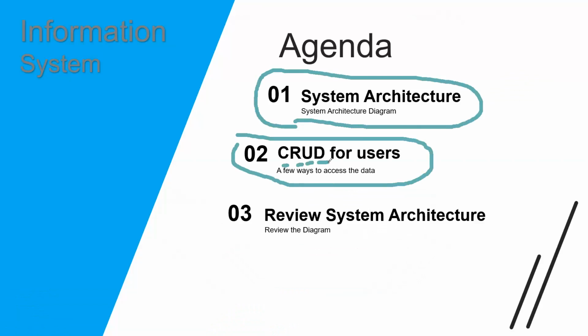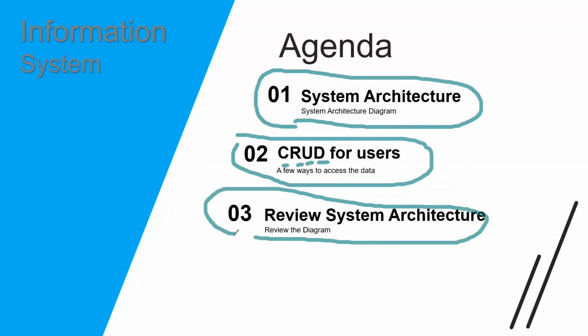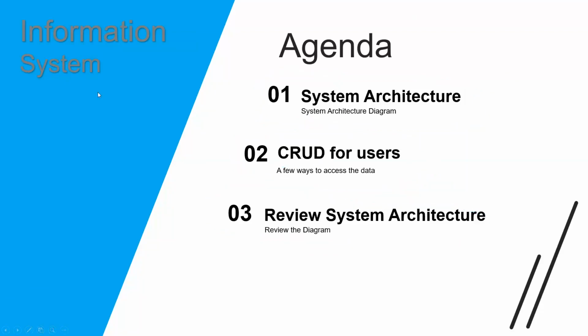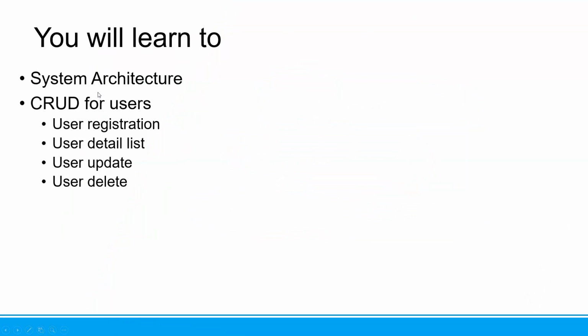It stands for create, read, update, and delete. And we will review the system architecture. Okay, you will learn those things. First, you will learn the system architecture, and then I will teach you how to register a user, how to make the list, and then how to update the user, how to delete the users.